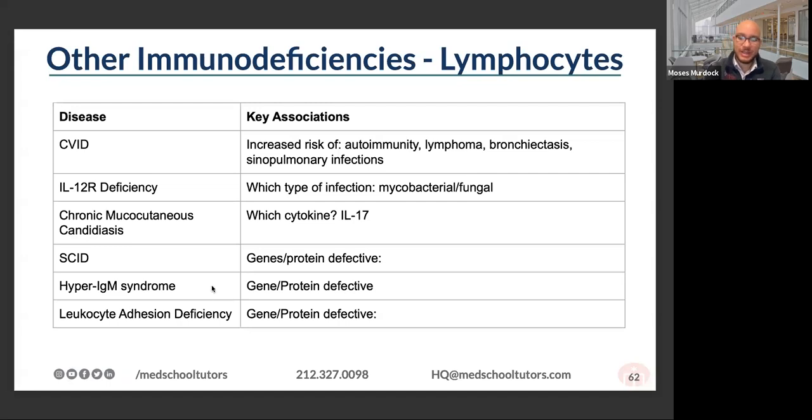So the three that I think of is the IL-2 receptor, as mentioned, the adenosine deaminase, as folks have put in the chat now a couple of times, as well as the RAG genes. Keep in mind that the way these kids will present is a failure to thrive syndrome, the chronic diarrhea.